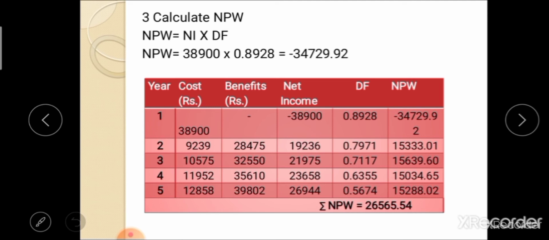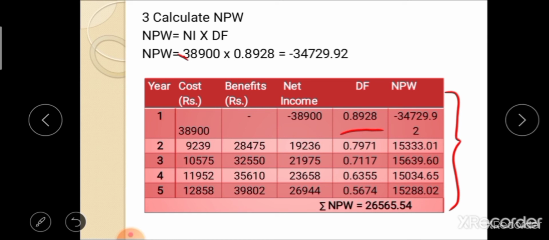Here one example is given: net income for the first year is minus 38,900 into discount factor for the first year, that is 0.8928, which is equal to minus 34,729.92. Respectively, calculate the NPW of the next years.